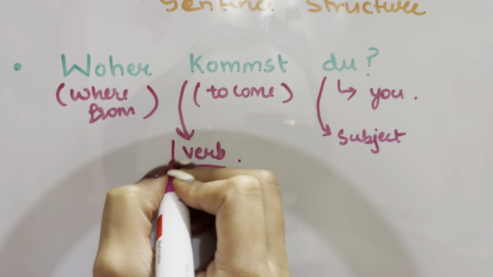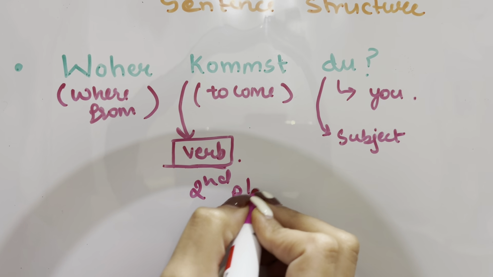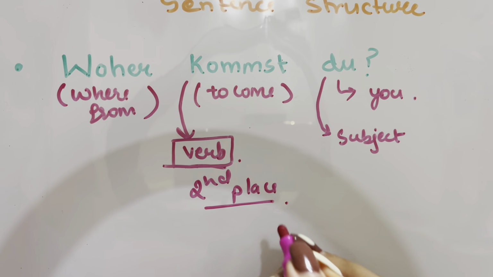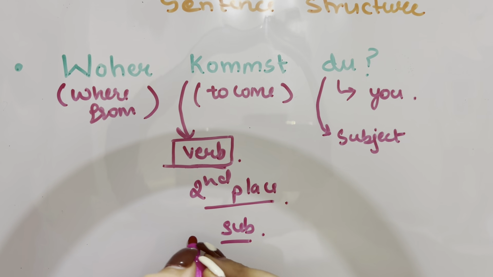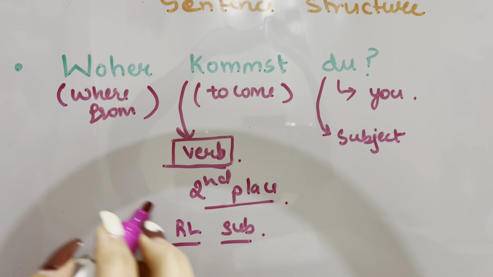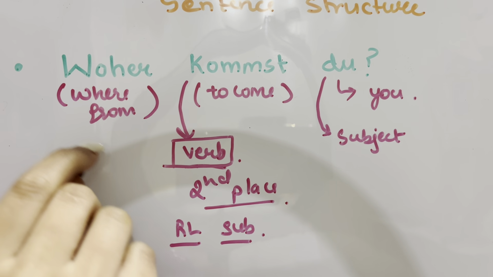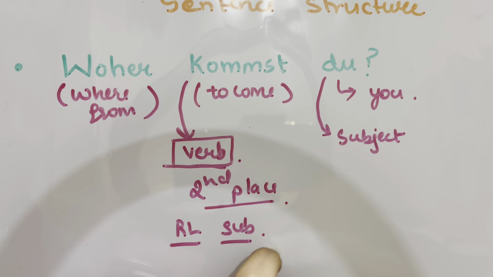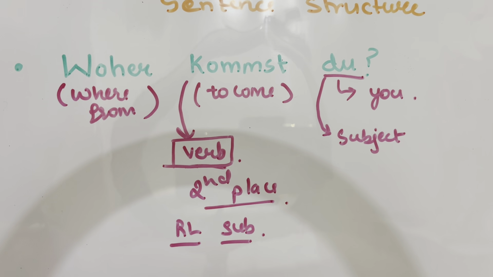So again, we can see that the verb is in the second place in the sentence, and as we discussed earlier, the subject can either be on the right or on the left side. Earlier, when it was a normal statement, the subject was on the left, but now the subject is on the right when a question is being asked.